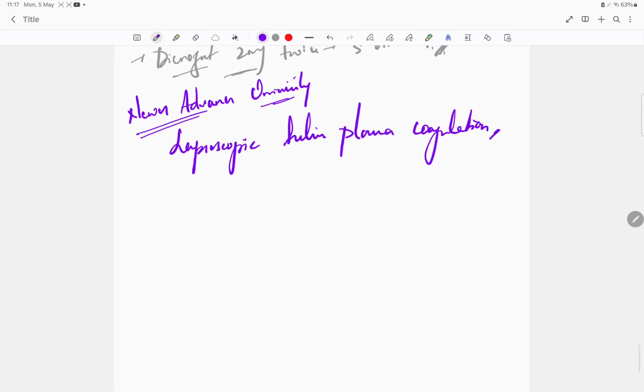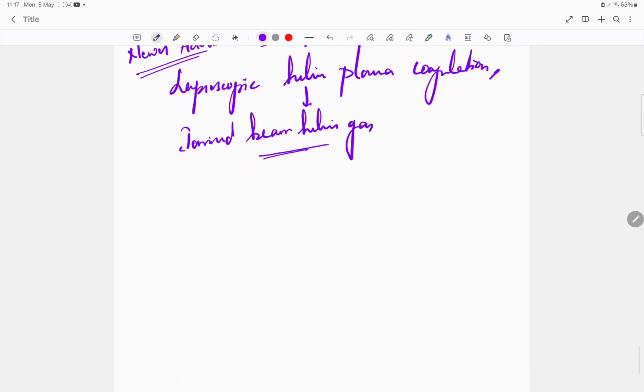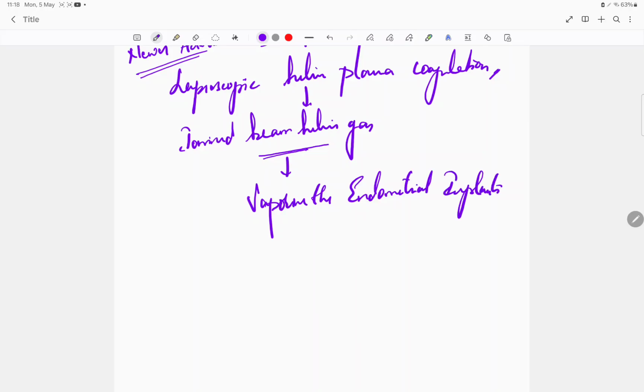So what happens is this ionized beam of helium gas will vaporize endometrial tissue, endometrial implants, rather I would say implants.